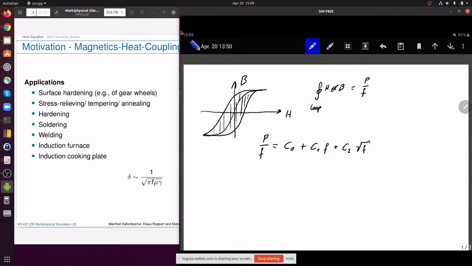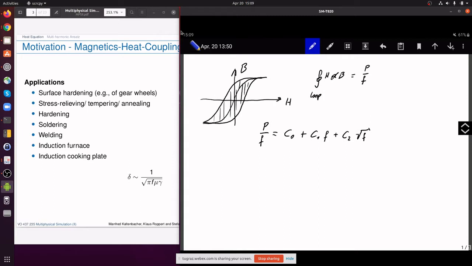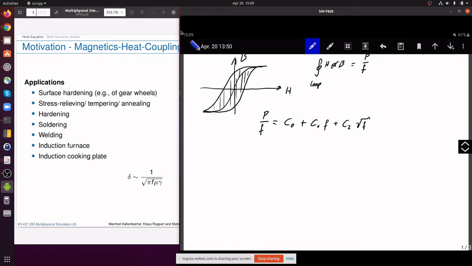And that's a very specific topic itself, an active research topic, how you can actually quantify these three loss types. This splitting is also called loss separation. And it's quite funny that it actually works like this, that you can split the total losses in a ferromagnetic material into these three components with different scaling factors of the frequency.